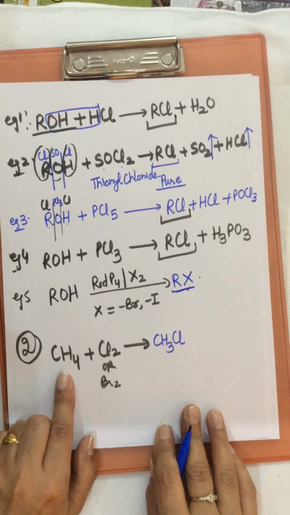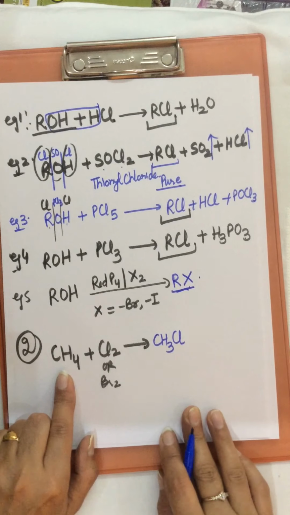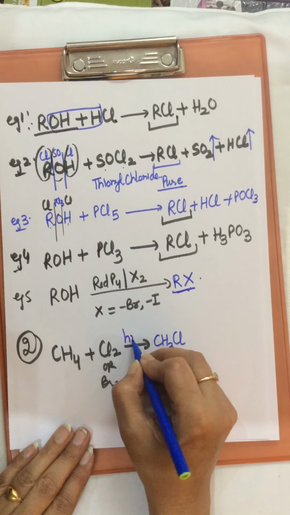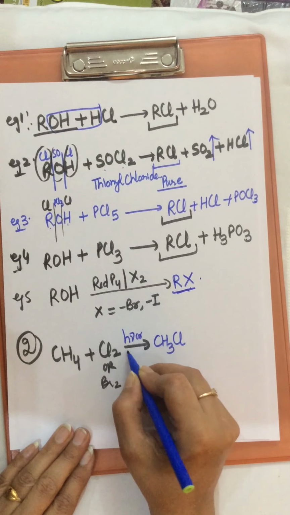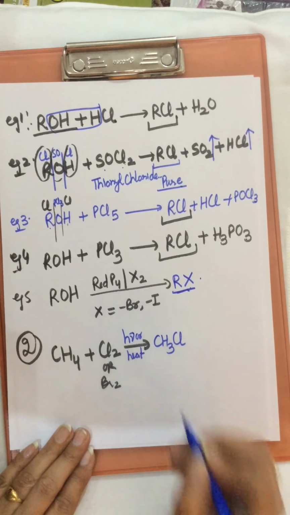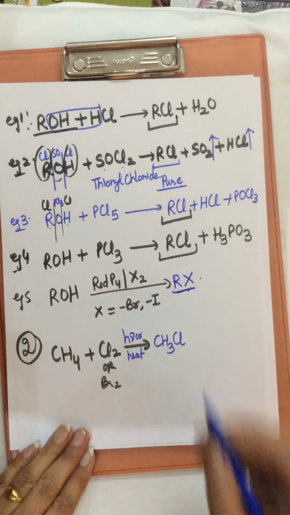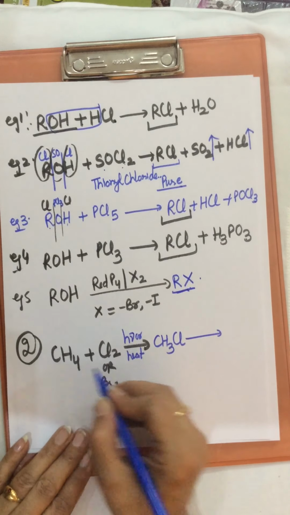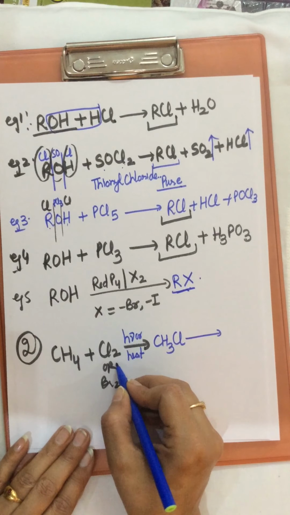In place of the hydrogen, the halogen will come. So we are getting CH3Cl. And this reaction takes place in presence of sunlight or on heating. And reaction will continue till all hydrogens of alkane are substituted by the halogen atom.